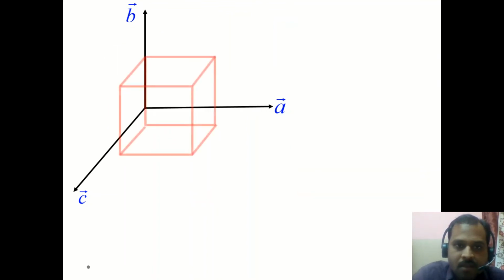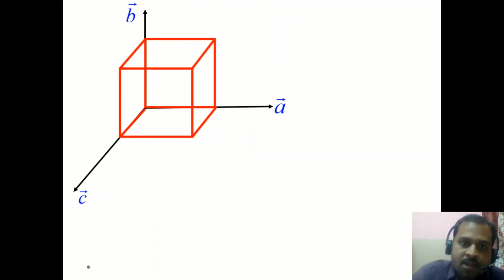Let us take a particular cubic unit cell and try to find out the Miller indices for this plane. In this shaded region, what is the Miller indices? You can see this particular plane is intercepting the A axis at A, whereas with respect to B and C, it is infinity.